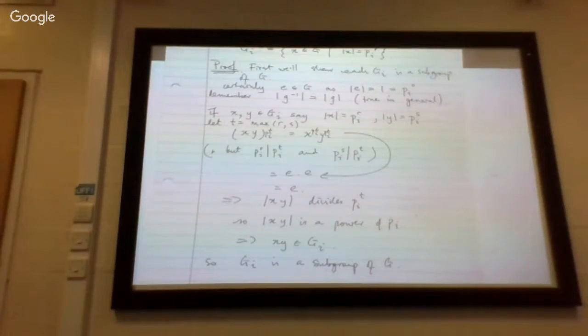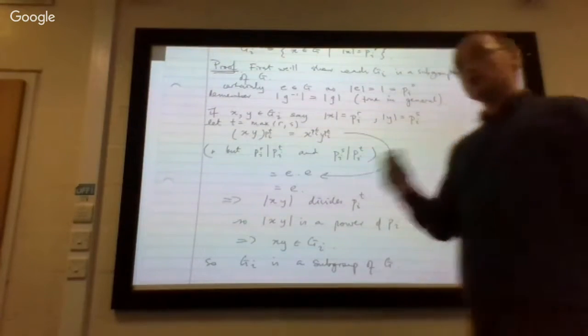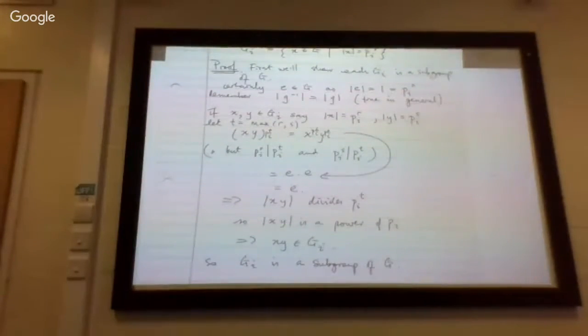Just to remind you, in order to do an internal direct product, I'll write it up here for two factors, you need to have subgroups H and K of a group G. We need to know that the intersection between them is trivial, that they only have the identity in their intersection.